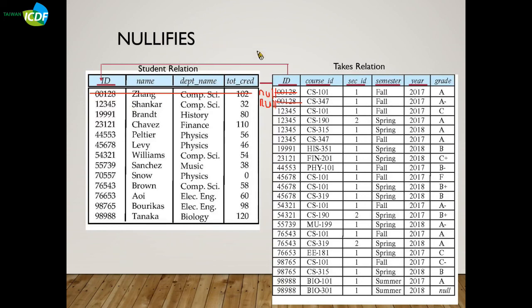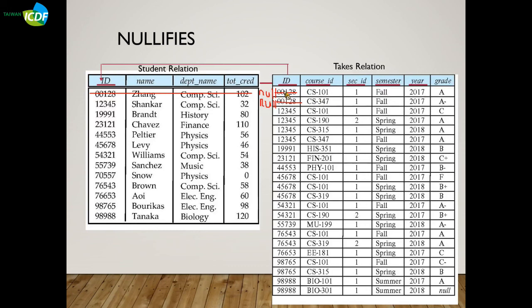So nullify policies not only can avoid dangling reference values, but also can retain the original data status.